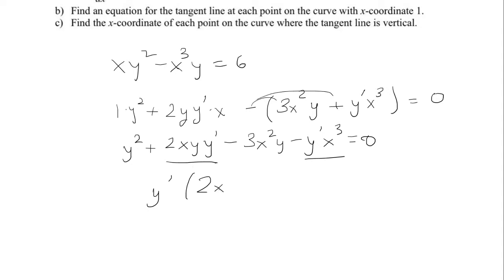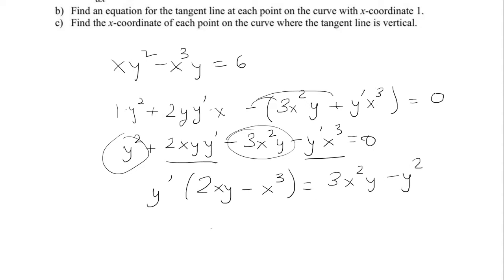I have 2xy left, and then minus x cubed. I'm going to throw the y squared and the negative 3x squared y to the other side. So that's 3x squared y minus y squared. And I'm going to divide both sides by 2xy minus x cubed. And this is my derivative, which is dy over dx.